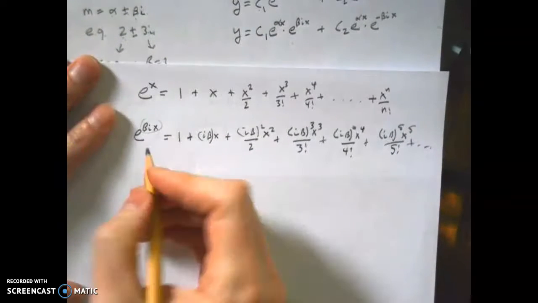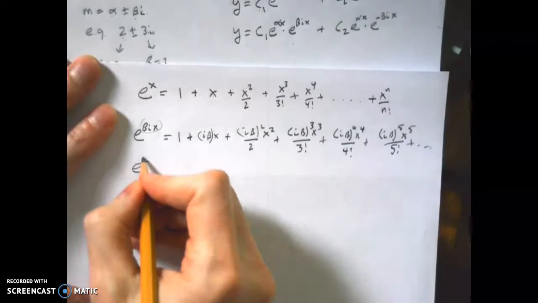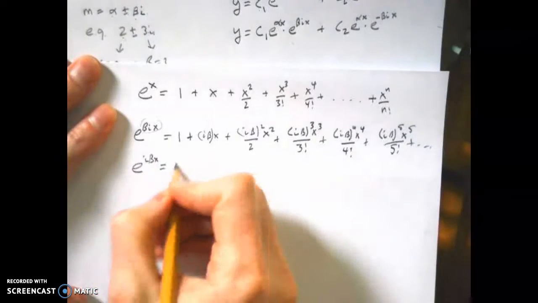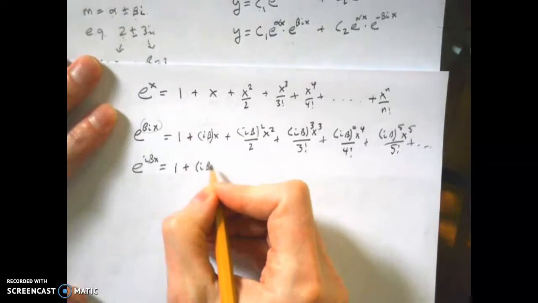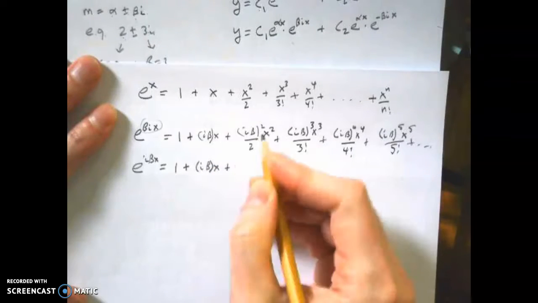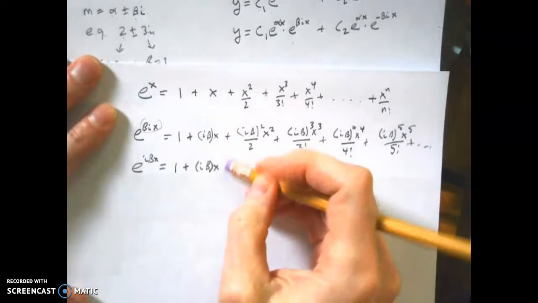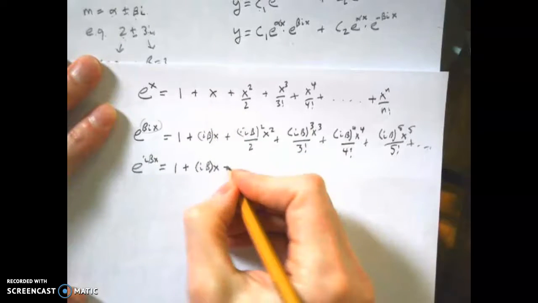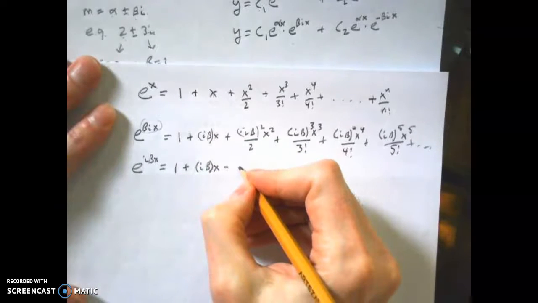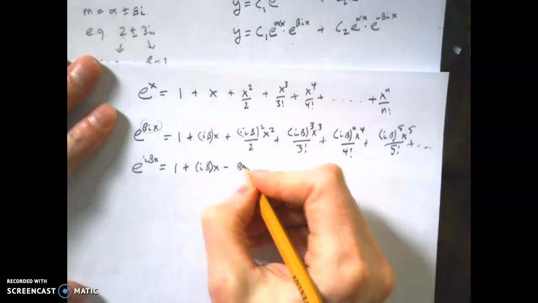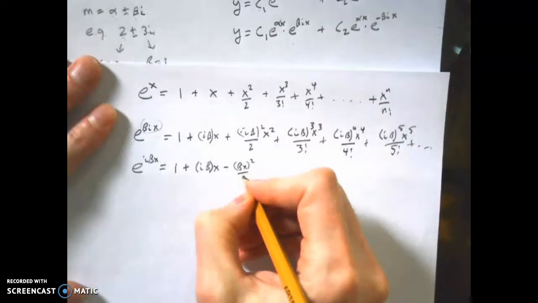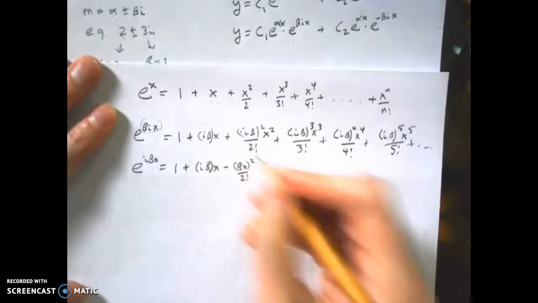There's a reason why I'm writing out so many of these terms. Okay, let's simplify. So e to the i beta x is equal to 1 plus i beta x plus, the i squared makes it negative, so minus beta squared x squared over 2 factorial.